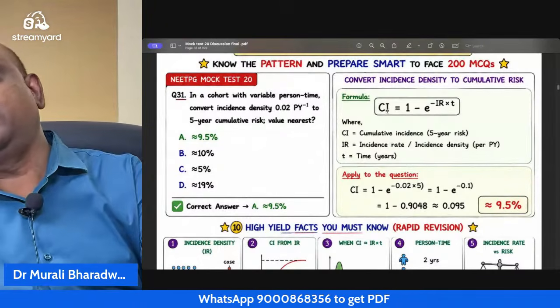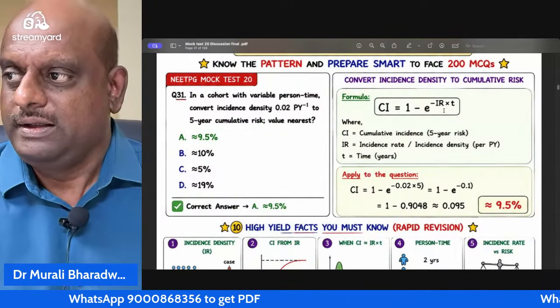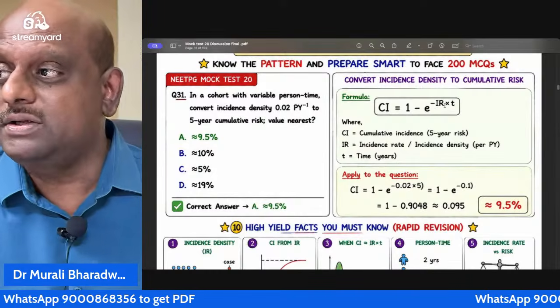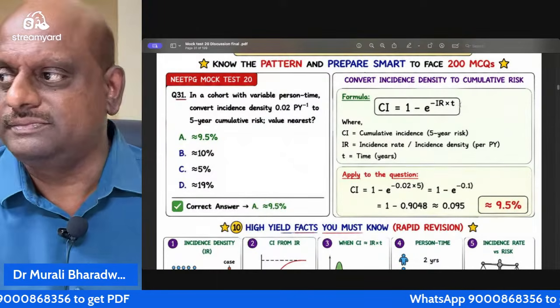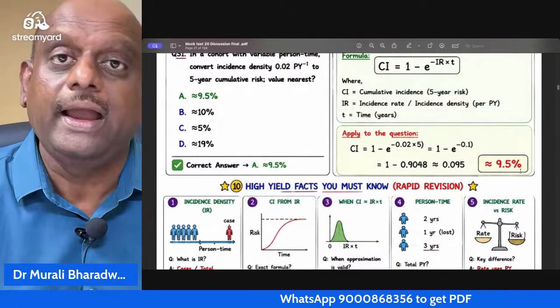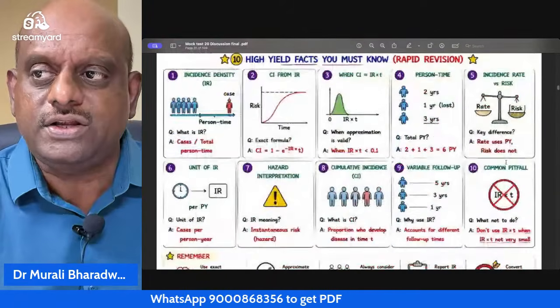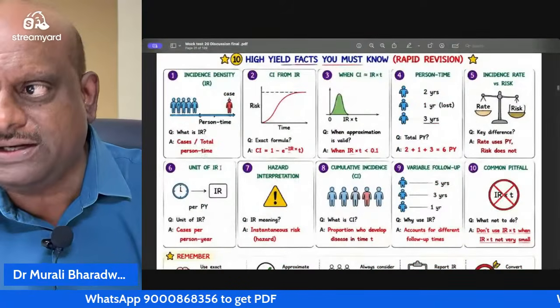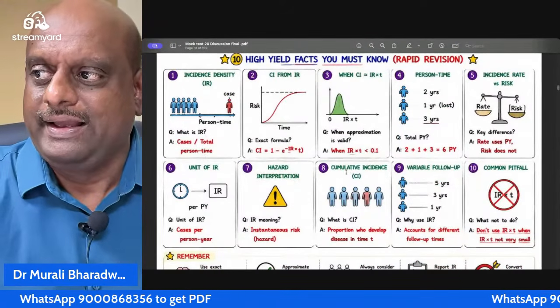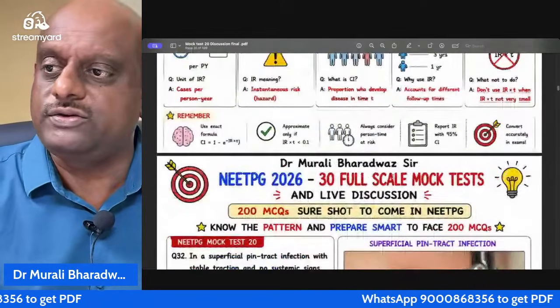For that, you need to know the cumulative incidence is 1 minus e to the power of minus IR times T. If you do the calculation, it comes to around 9.5%. So what is incidence rate? Number of cases divided by total person-time. That's how you solve this question.